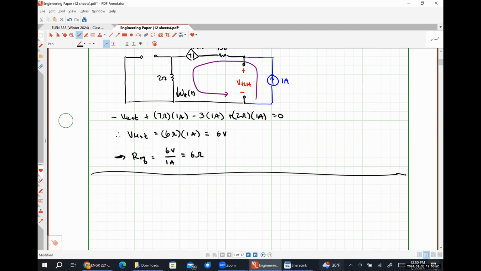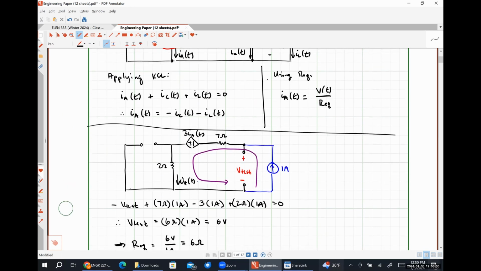In part D, we found that this circuit is overdamped. Because we chose this particular method to find IA of t, what we're really going to wind up solving for is V of t, and then use that to find IA.